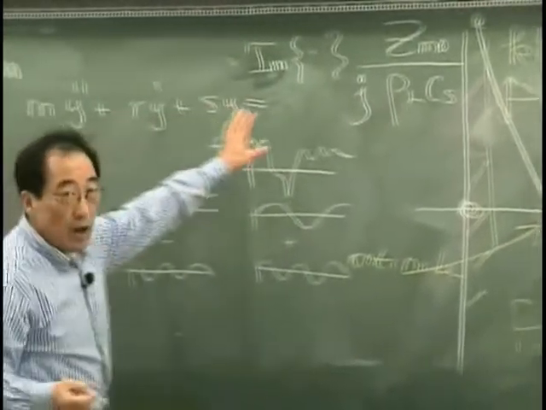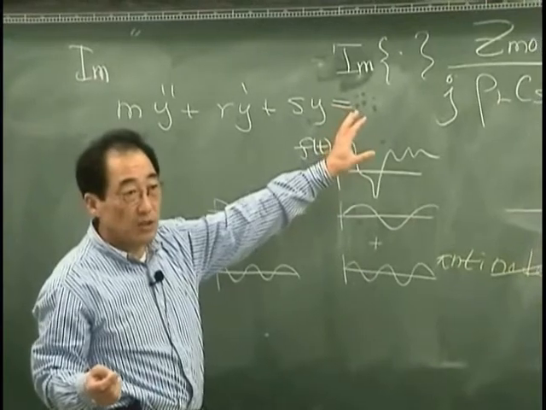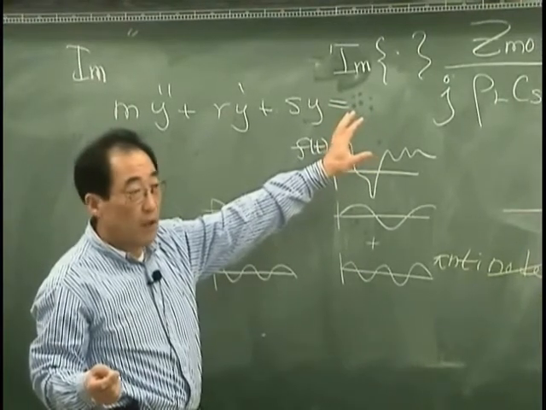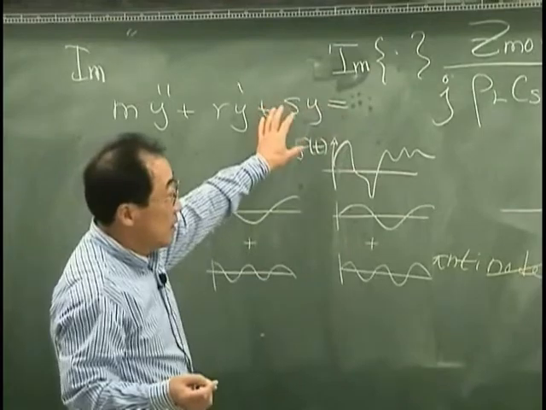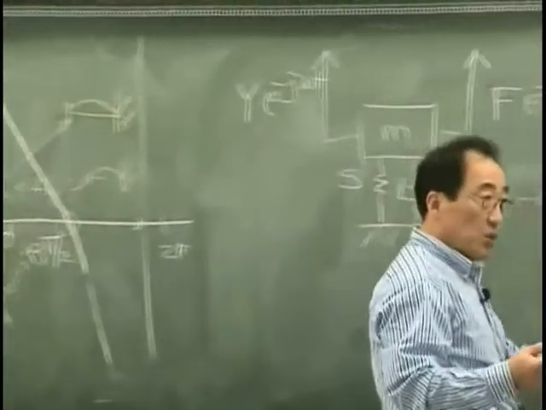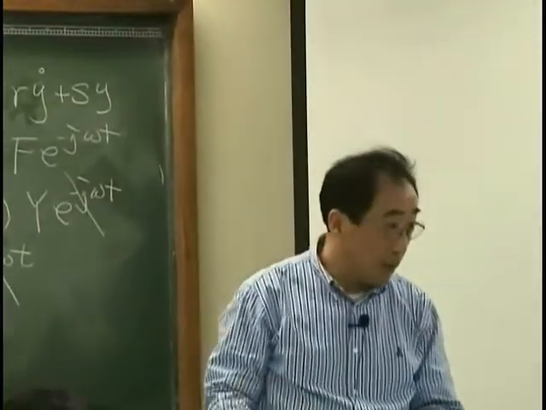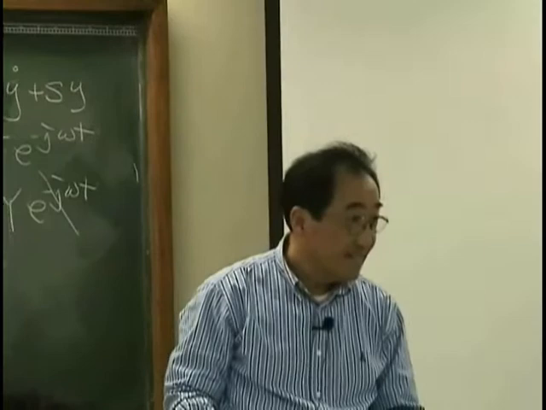So that's why we like to use complex notation. And the complex notation essentially provides us the relation between magnitude and phase. Okay?